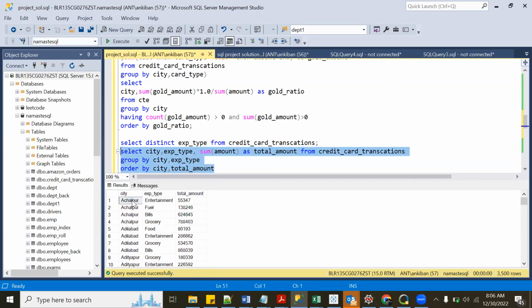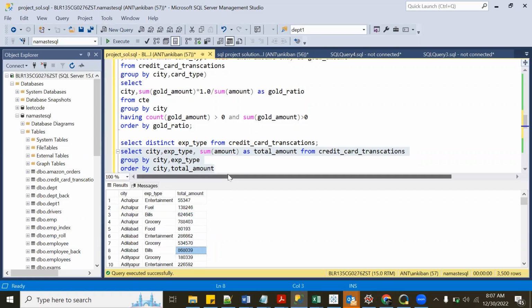If you see this, Anchalpur has done expenses on entertainment, fuel, bills, grocery, right? The lowest expense they have done on entertainment, and highest they have done on grocery. For Adilabad, they have done the lowest expense on food and highest expense on bills.